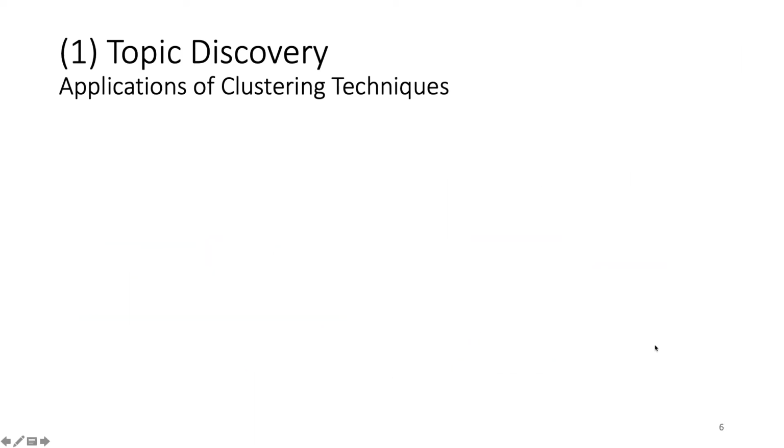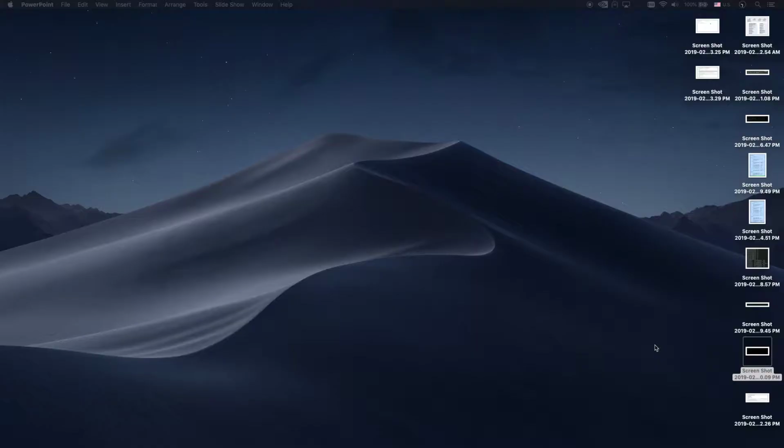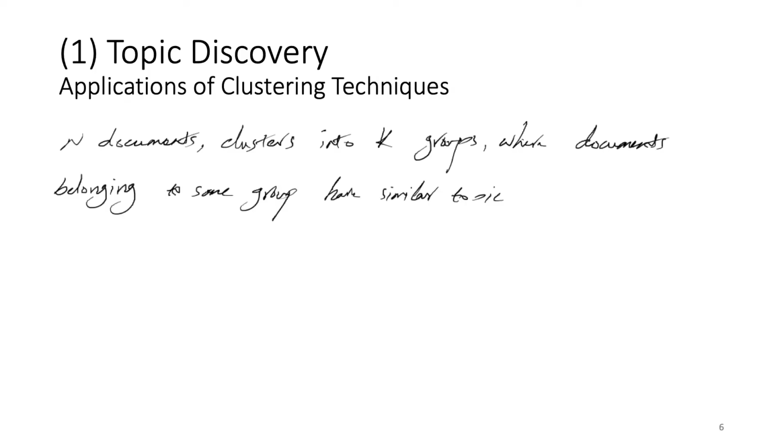Suppose you're facing many text documents, and you want to cluster them into K groups where documents belonging to the same group have similar topics, right? This is a huge problem.